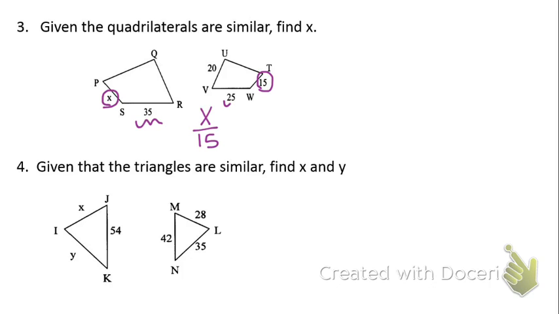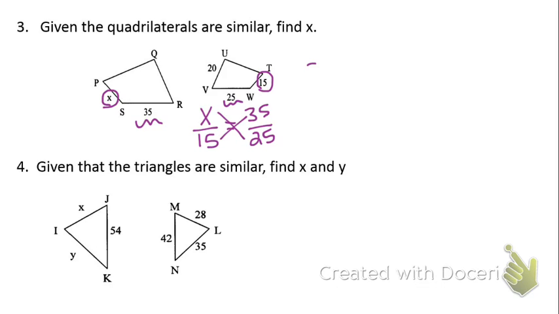And hopefully you see that 35 matches with 25. And again, there's a bunch of different ways you could do this. You could say x over 35 and 15 over 25. As long as you match, like on the top we've got the first quadrilateral and on the bottom we've got the second quadrilateral. So then to solve this, you just cross multiply.